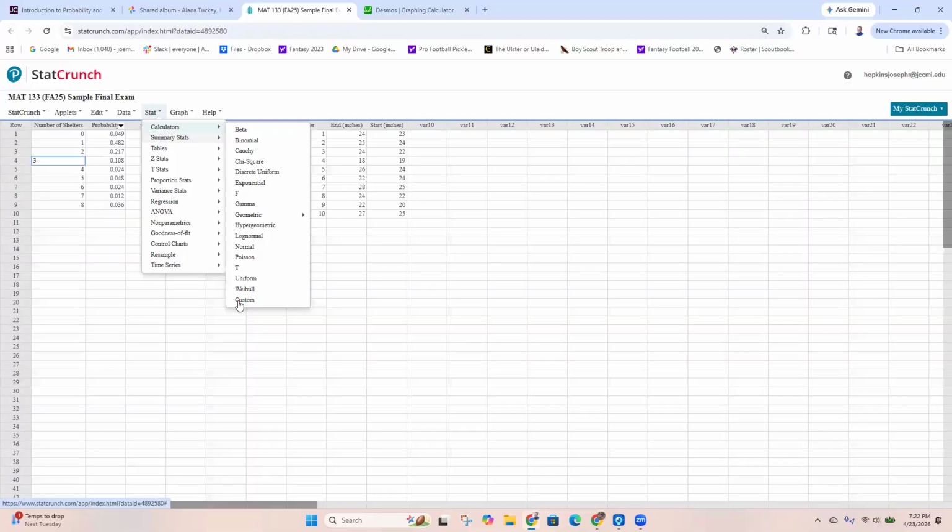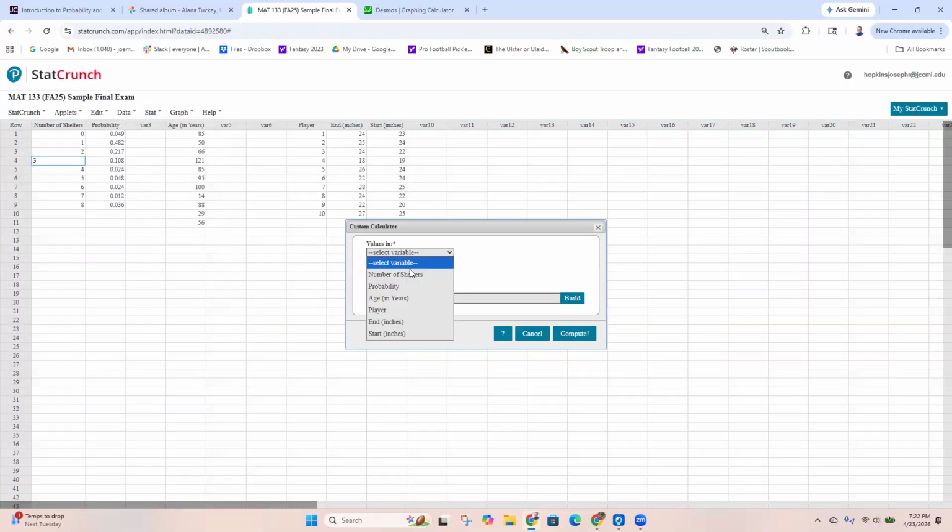Stat calculators custom. We need to select our shelters and our probabilities. Which one do I select for the values, the number of shelters or the probability? One of them's values, one of them's weights.